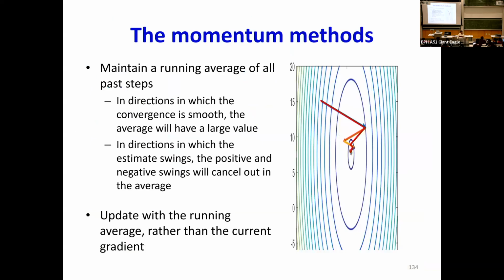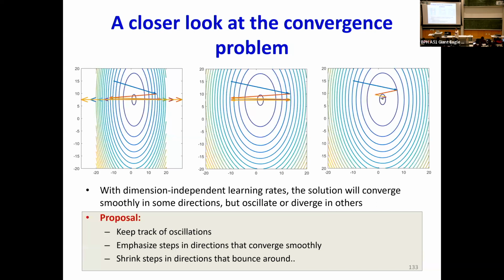So what would happen if you maintain a running average? Over here in the vertical direction, the running average is always going to point downwards, right? What about the running average in the horizontal direction? The positive oscillations will cancel out the negative oscillations as you keep bouncing back and forth.